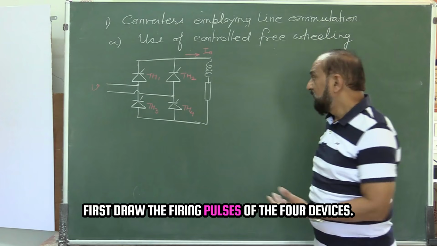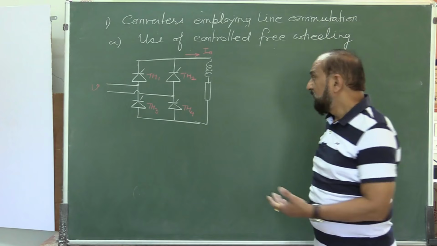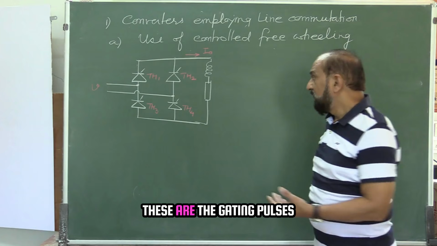First, draw the firing pulses of the 4 devices. These are the gating pulses of the 4 devices 1, 2, 3 and 4.